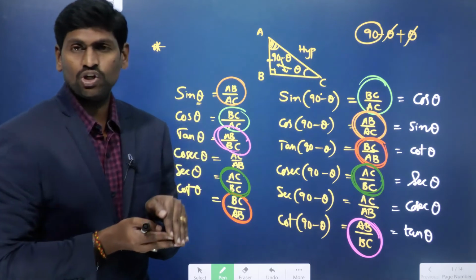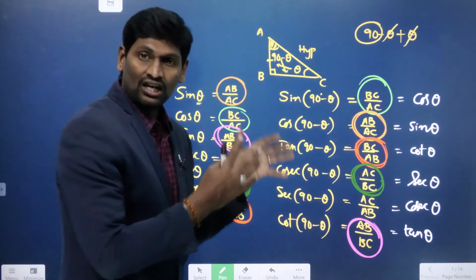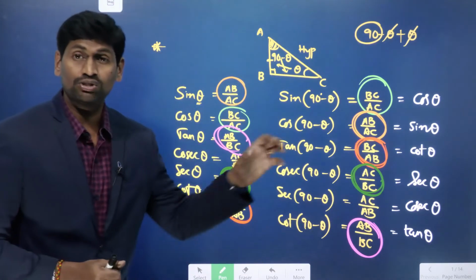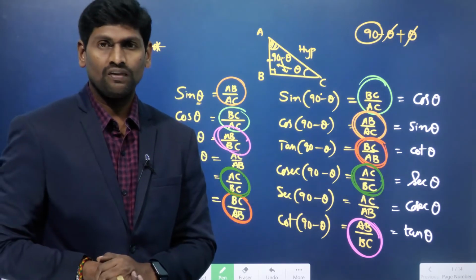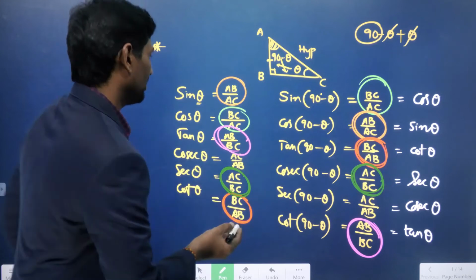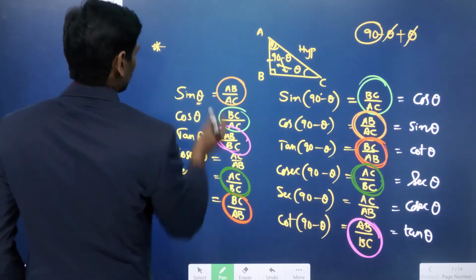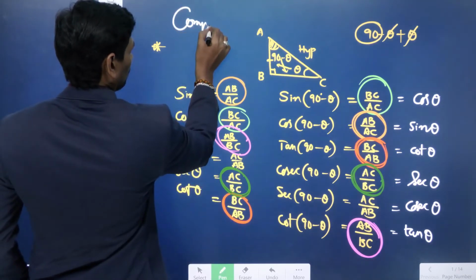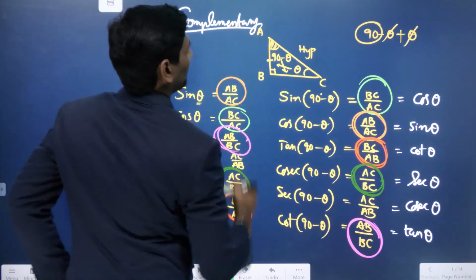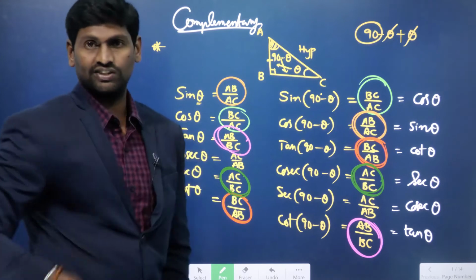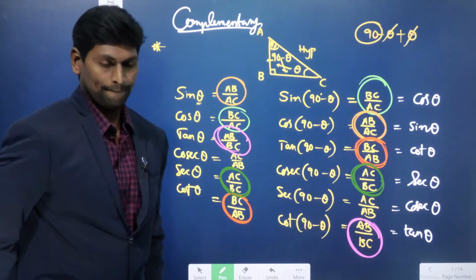So sin and cos are complementary, tan and cot are complementary, same way cosecant and secant are complementary. Clear? This is about the complementary angles of trigonometric ratios. Clear, children?